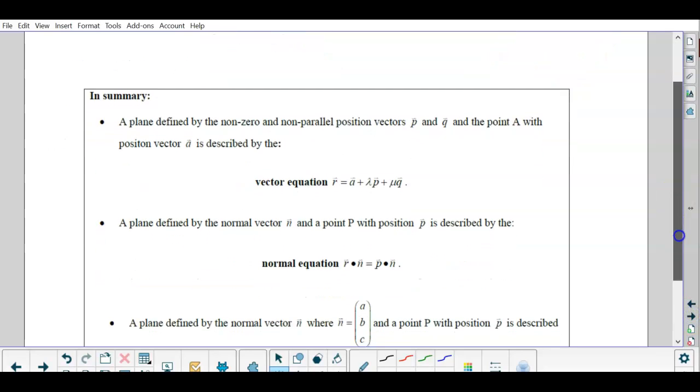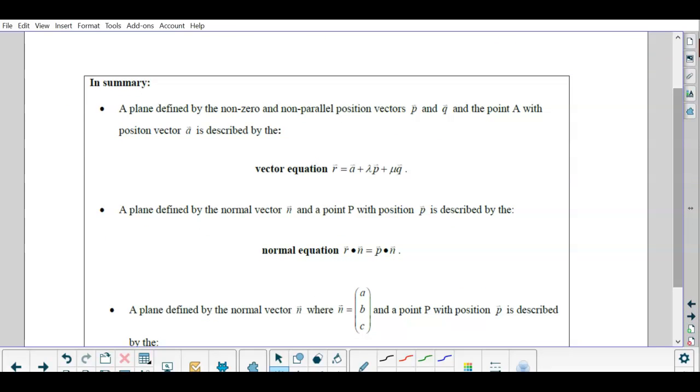To summarize here, there's your vector equation, okay? Parametric equations would be when you split them up, right? So x equals, y equals, z equals, and in this case that would be a1, let's say, plus lambda p1 plus mu q1.